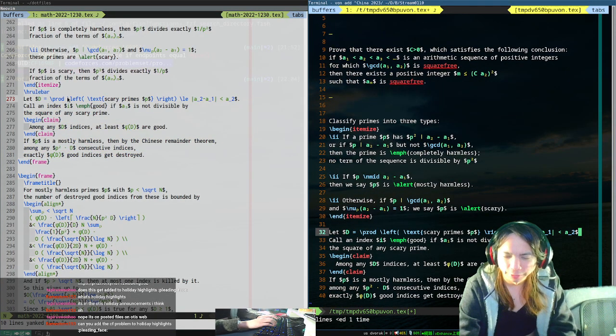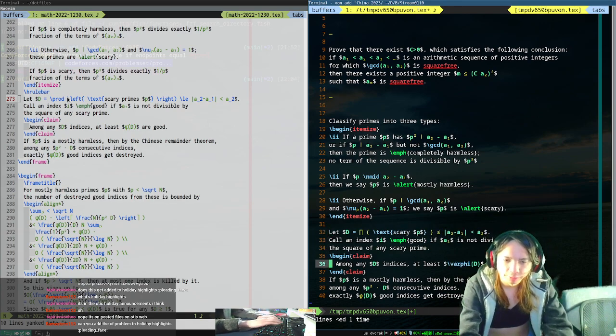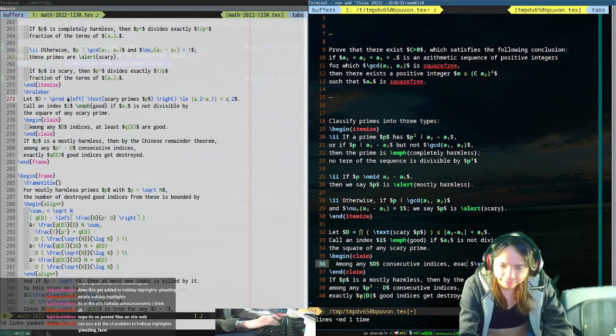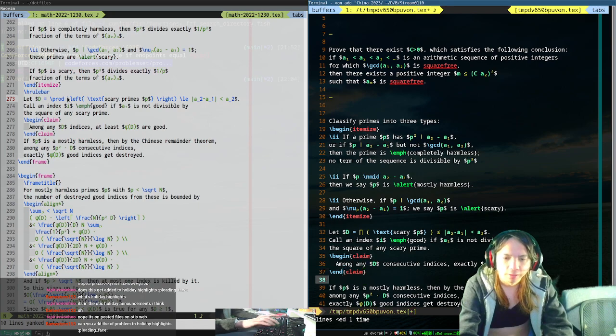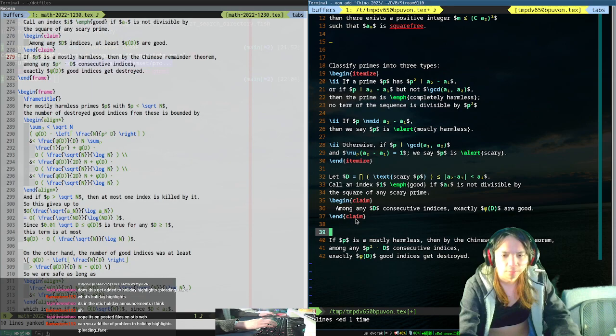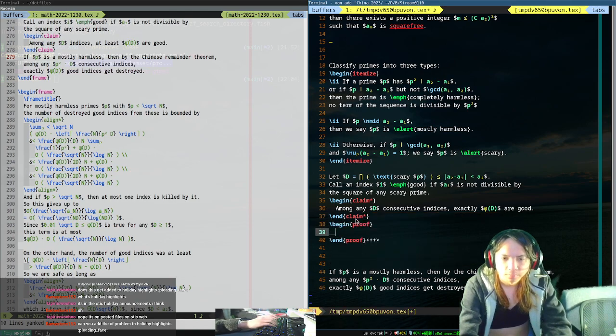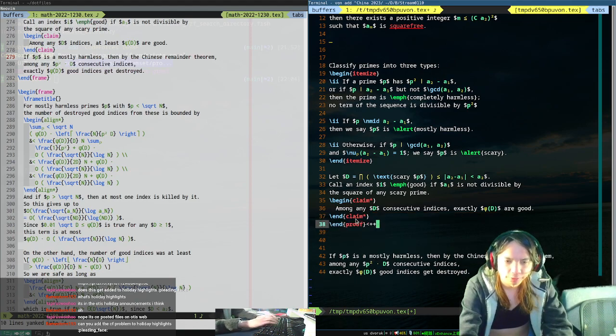Among the d consecutive indices, for all the scary primes, call an index good if a_i is not divisible by the square of any scary prime. Among any d consecutive indices, exactly phi of d are good. No, this is immediate by Chinese remainder theorem. This is obvious. I'm not even going to write a proof.